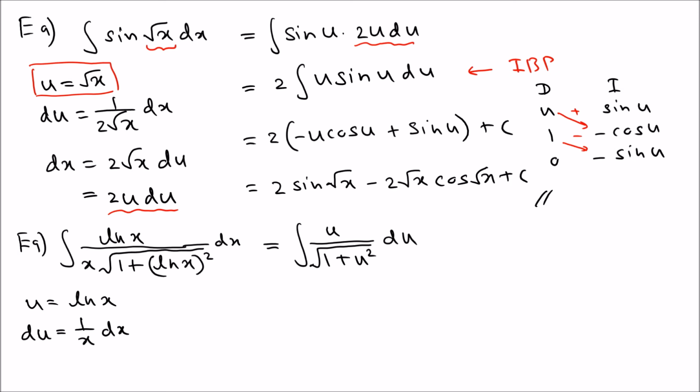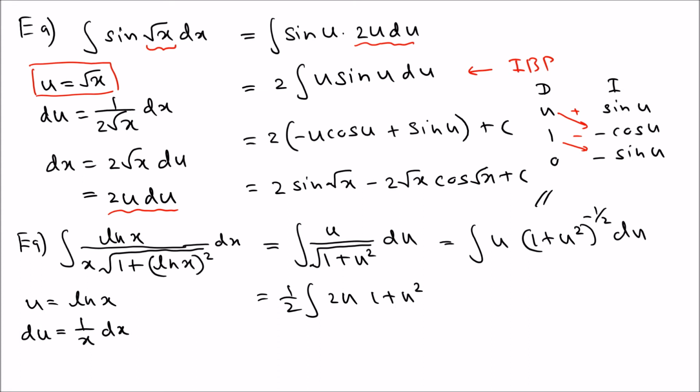So now this problem is simple. Because you can write this one as u times 1 plus u squared to the negative 1/2 du. You can see the inside function. So I'm going to use the 4 formula trick now. You can also use another substitution if you want, but we can just get the answer easily now, because the inside function is 1 plus u squared, the derivative is 2u, so only 2 is missing, so we can say 1/2 times 2u times 1 plus u squared to the negative 1/2 du.